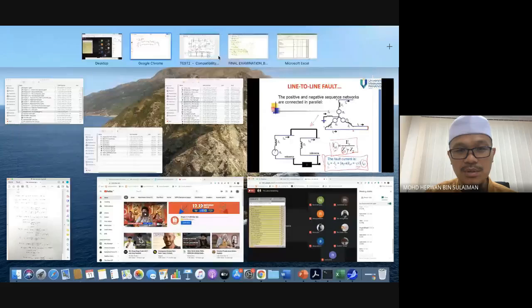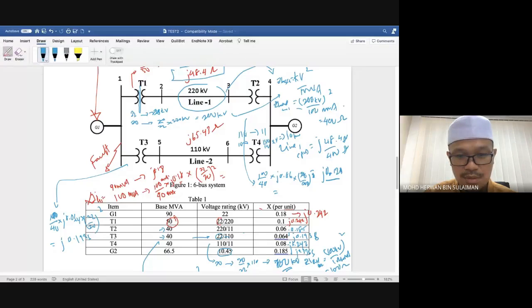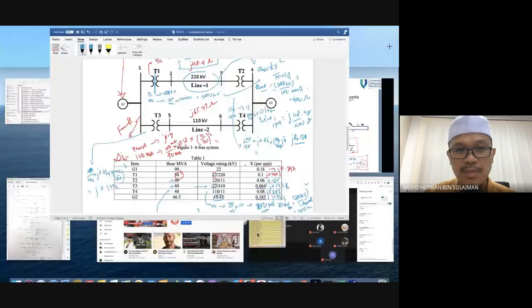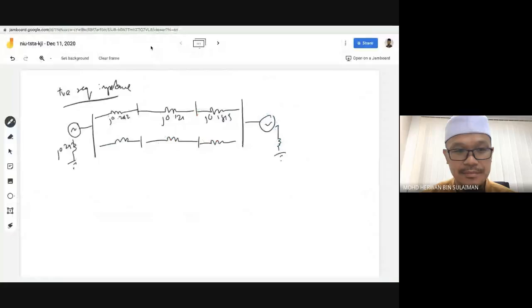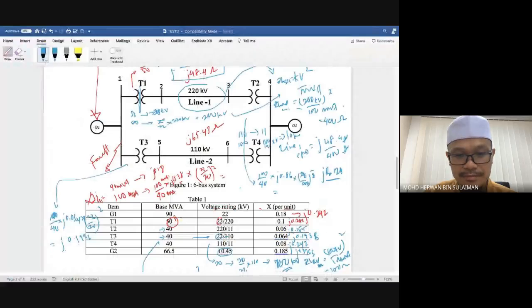Okay, and then our transformer 3 is j0.1938. Then what was our line 2?